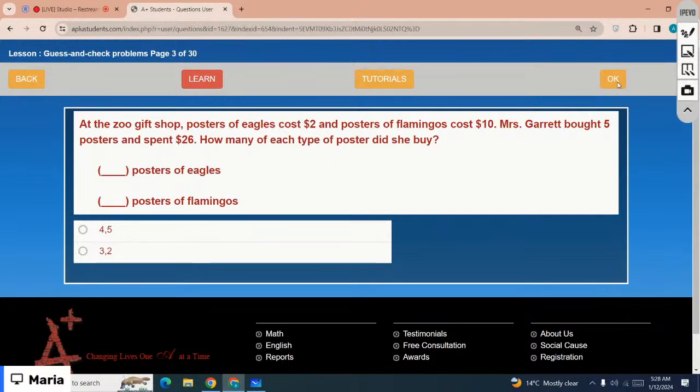The correct option is 3 and 2, because she bought a total of 5 posters, right? So 3 plus 2 is 5. The correct option is option number 2. That is 3 and 2.